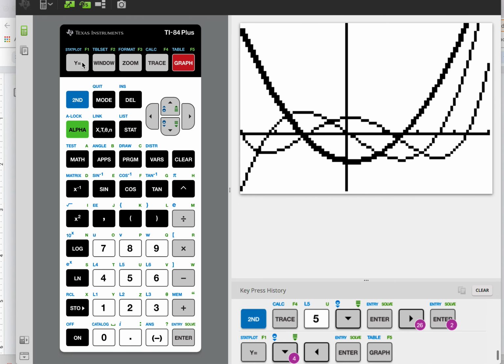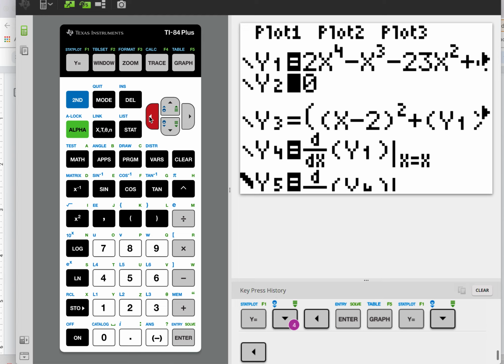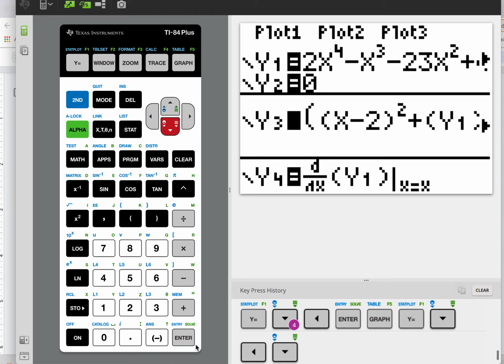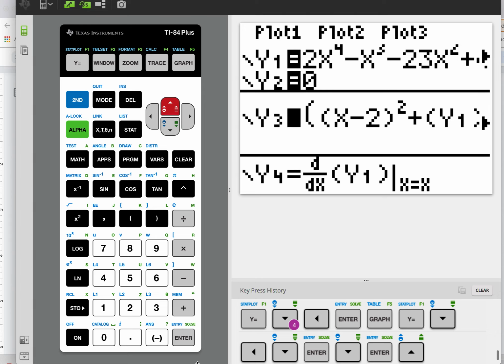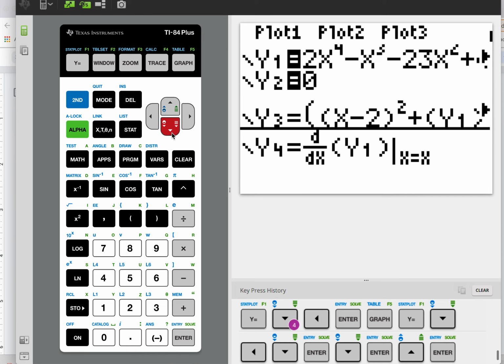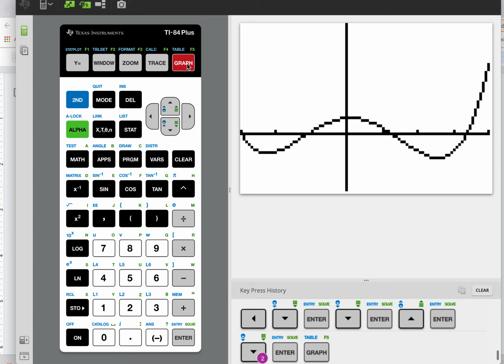And if I want to, just for clarity, I can turn off those two lower functions just so that we don't see them. It gets a bit annoying. You do not have to do this once you see the functions quite clearly, especially if you have a color graphing calculator. So if I go back, there's my function value, and then I want to just do second and, sorry, I do not want to do second.